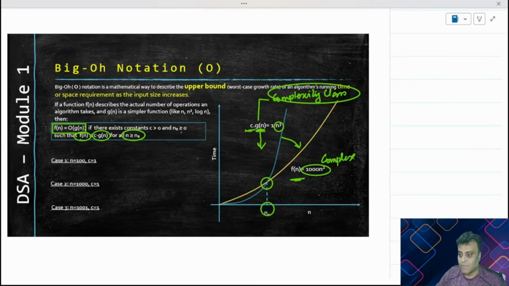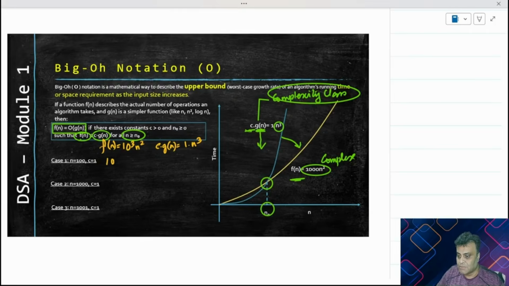Let us see. So now let us put our fn, which is basically 10 to the power 3 n square, and our c·gn is 1·n cube. Now let us look at case 1. Let us put n as 100.